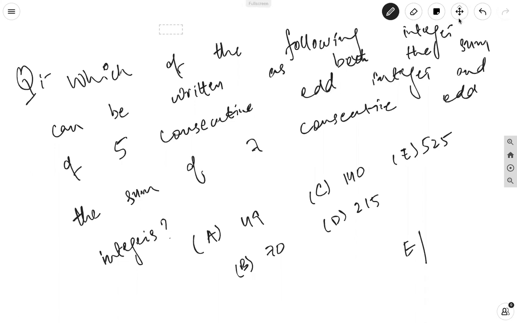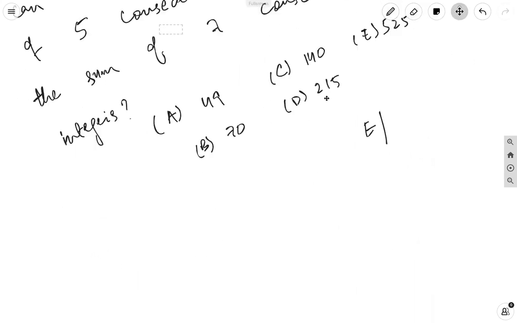Okay, so there is an integer that can be written as a sum of five consecutive odds or seven consecutive odds. First of all, let's see, we have five consecutive odds.